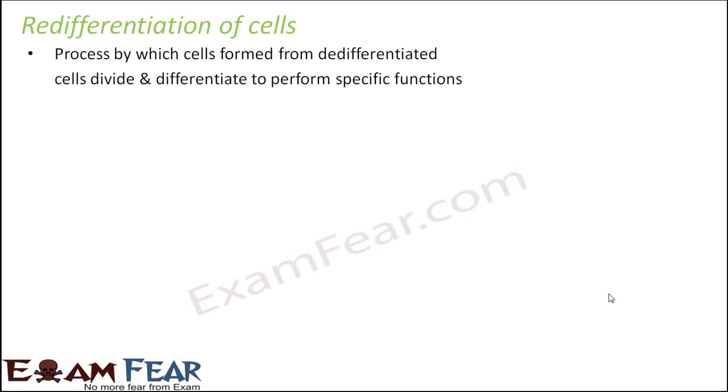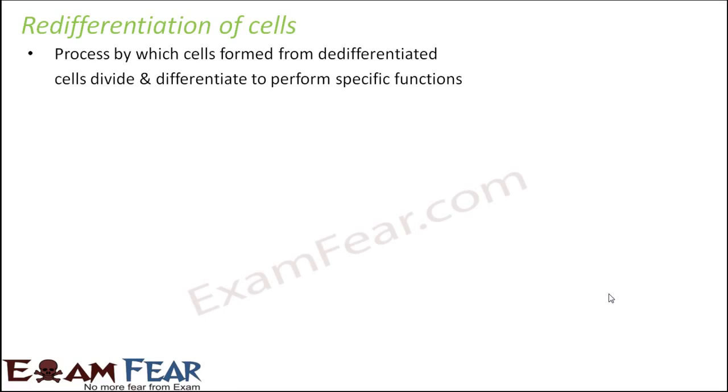In the previous slide, I told you that some cells will de-differentiate to form new cells. For example, the parenchyma cells will de-differentiate to form new cells. What will happen to those new cells? Those new cells will again differentiate, so they are actually re-differentiating.